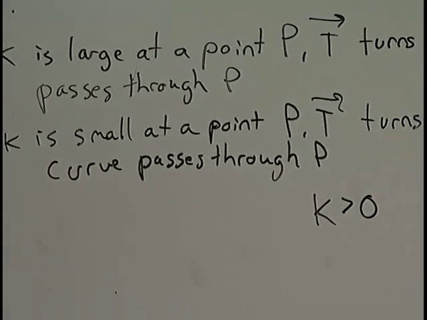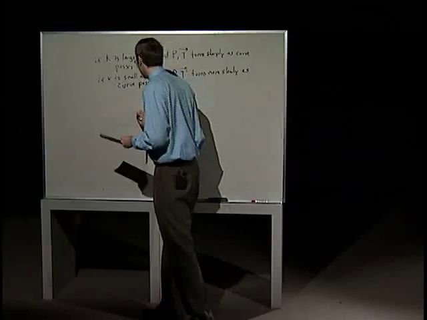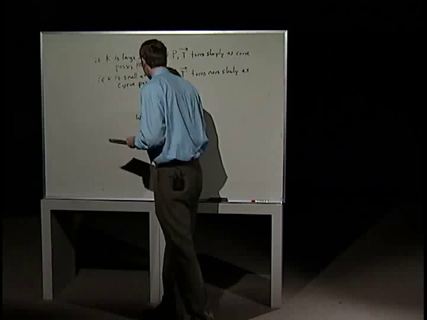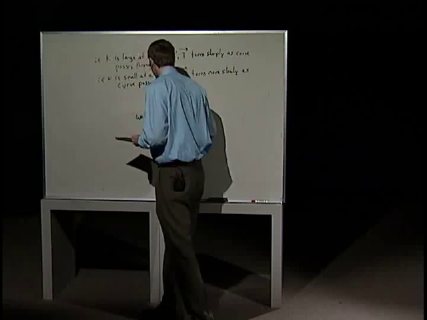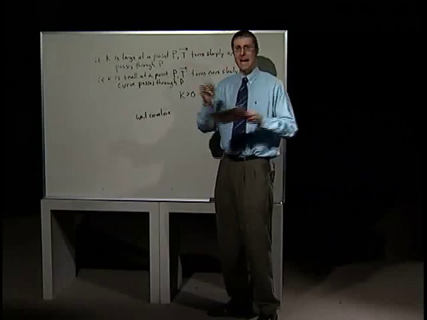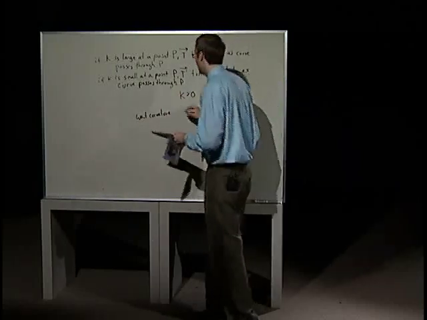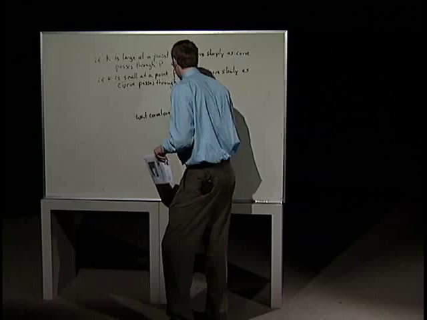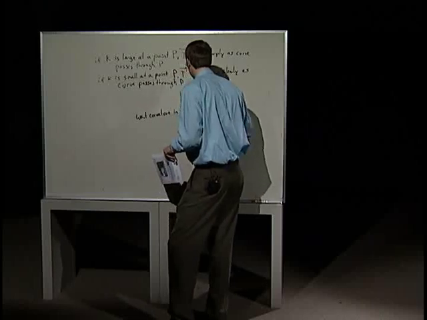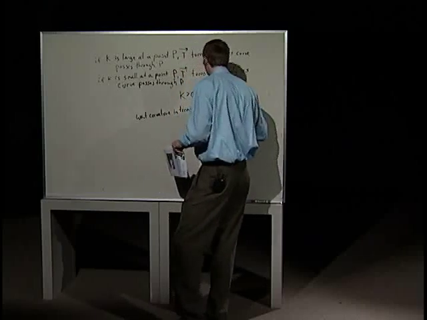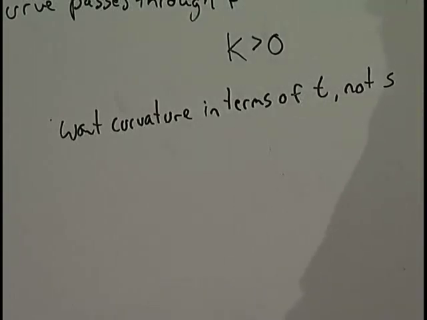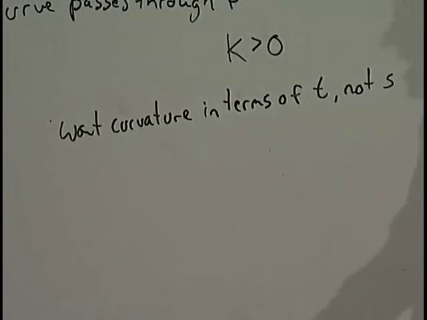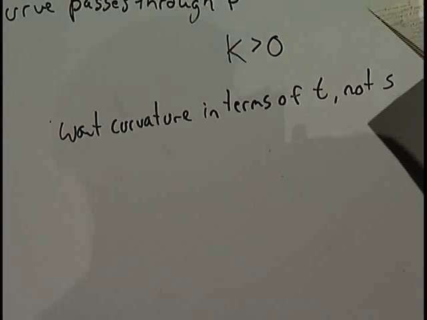Okay, so what we'd like to have, we want curvature. Right now we have it in terms of dT/ds. We would like curvature in terms of little t, not s, right? We want curvature in terms of the time variable, not the arc length, right?